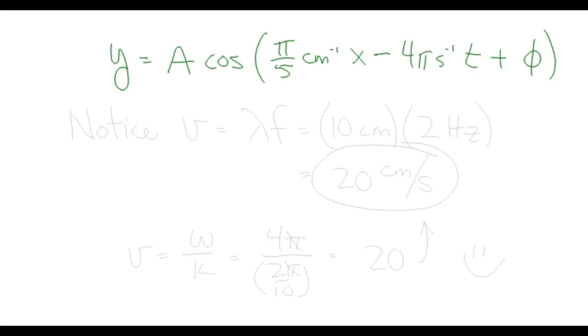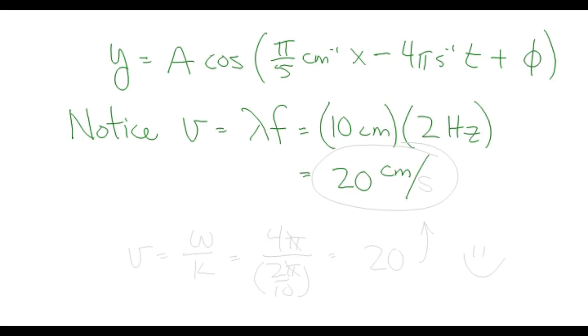So we've sketched it, we've written the equation, and now we notice that the speed of the wave is the wavelength times the frequency, where the wavelength is 10 centimeters and the frequency is 2 hertz. So the wavelength times the frequency is equal to 20 centimeters per second.